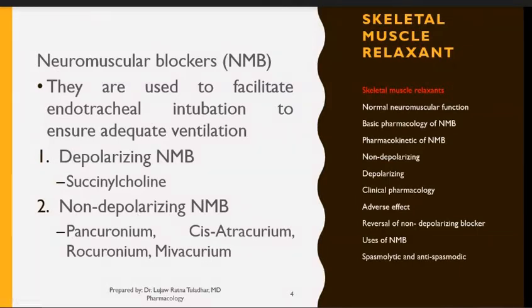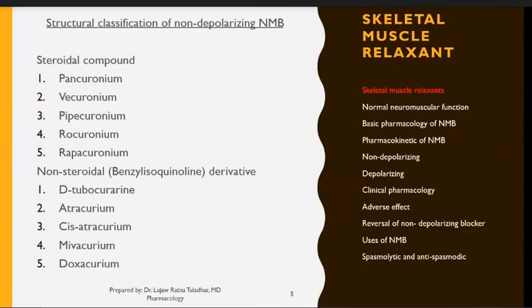Depolarizing produces contraction, but our main role is to produce relaxation, although it is producing contraction. The second one is the non-depolarizing. That definitely makes sense. If it doesn't depolarize, contraction won't happen. In non-depolarizing also we have two categories, the steroidal and the non-steroidal. For the exam point of view, remember the names.